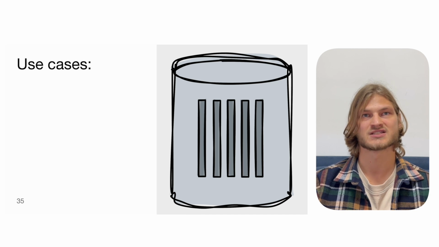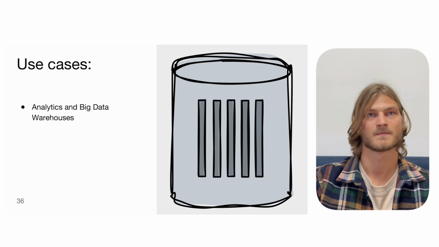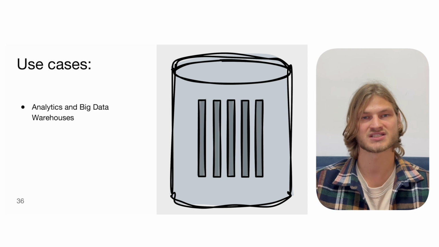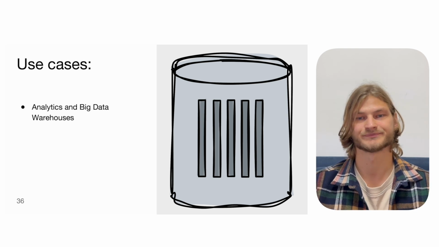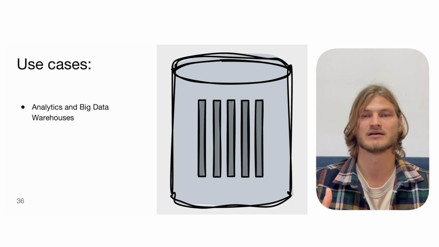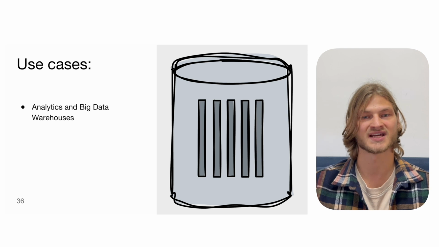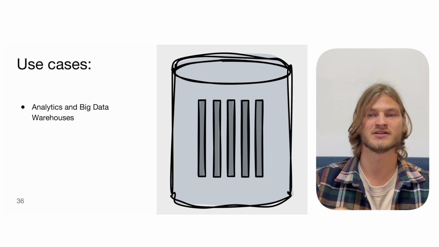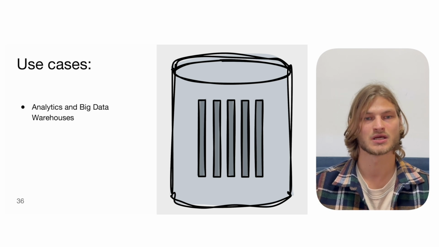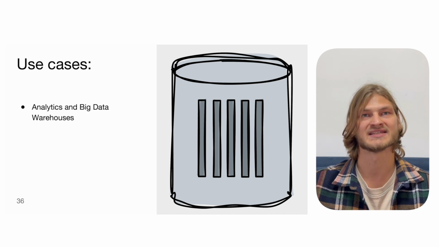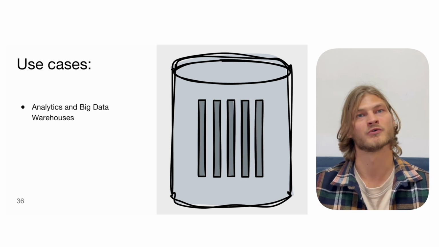So for use cases of such databases, it's really good for analytics and big data warehouses because it has really high performance for read and write, and it's really useful for big data warehouses and analytical systems. And also it helps to process a big amount of data, which is also very helpful for such systems.